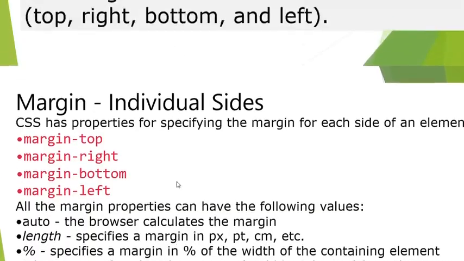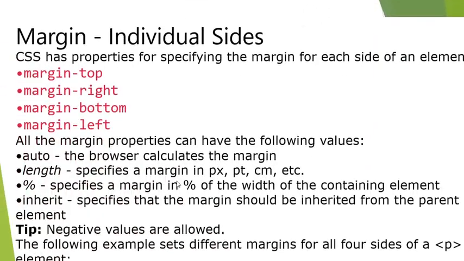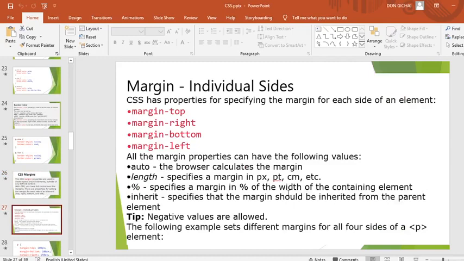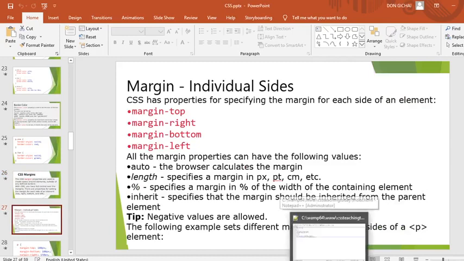Therefore, these are the properties we are talking about. You have margin top, margin right, margin bottom, and then margin left. Therefore, you can apply those properties. Like for example, I want us to do one practical bit, and then you can be in a position to actually see how the element will look.